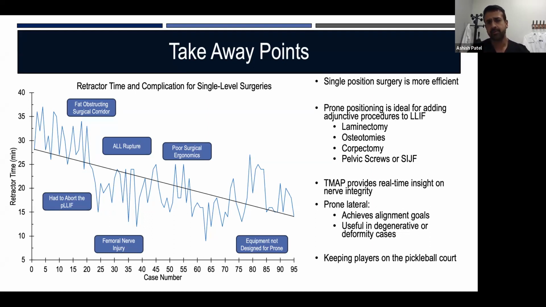And so we can see that with the prone positioning, what we talk through is the placement of the lateral interbody, but being in the prone position, you have access to laminectomy, osteotomies. We talk through TMAP and how I try to stay safe or at least evaluate real-time nerve data.